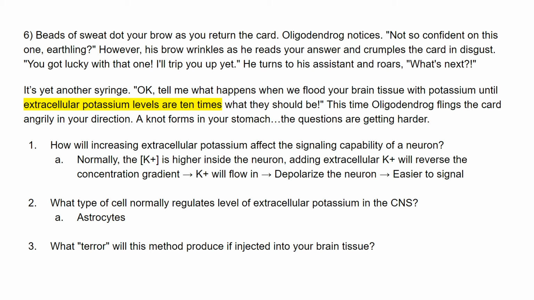What terror will this method produce if injected into your brain tissue? So we said that the higher potassium is going to make it easier to send a signal. So if this happened in your brain, it would become too active and start sending too many signals. And that is what causes a seizure, like excess brain activity causes seizures.